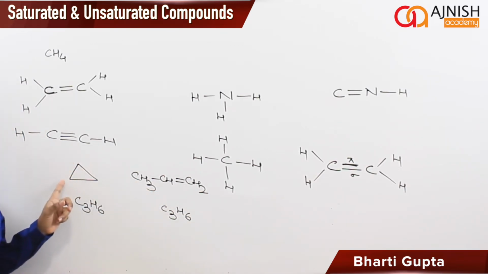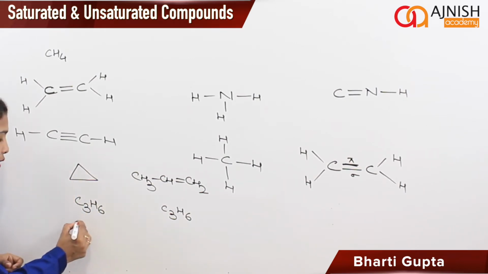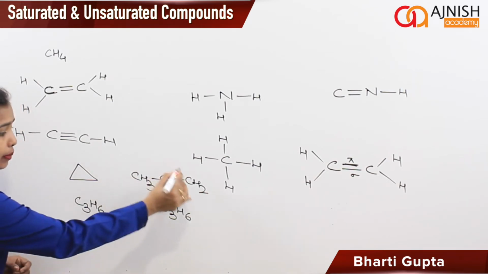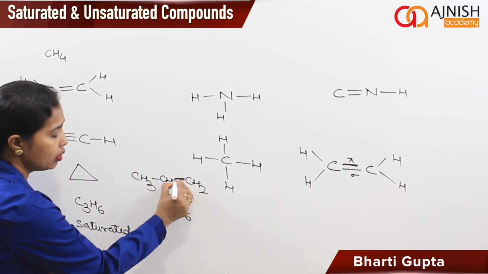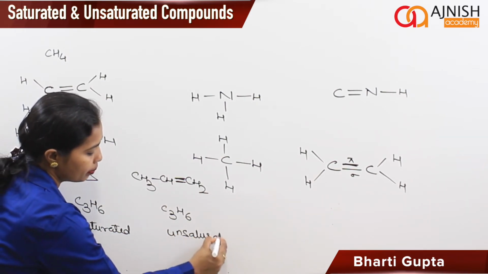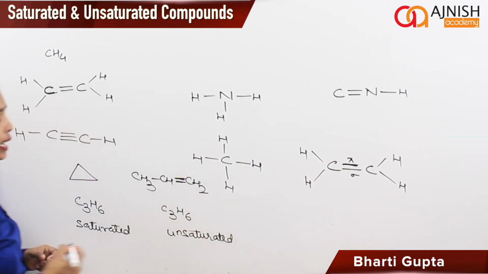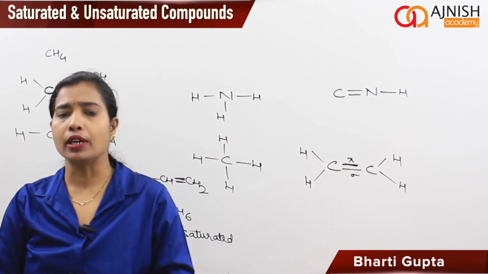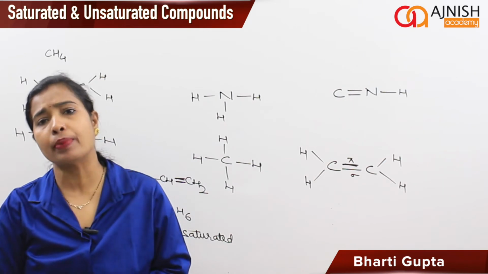In this compound, all the bonds are single bonds, there is no pi bond, so this is a saturated compound. Whereas in this compound, we can see a pi bond, so this is an unsaturated compound. So for unsaturation, it is important there should be some multiple bond in the compound, the presence of a pi bond.